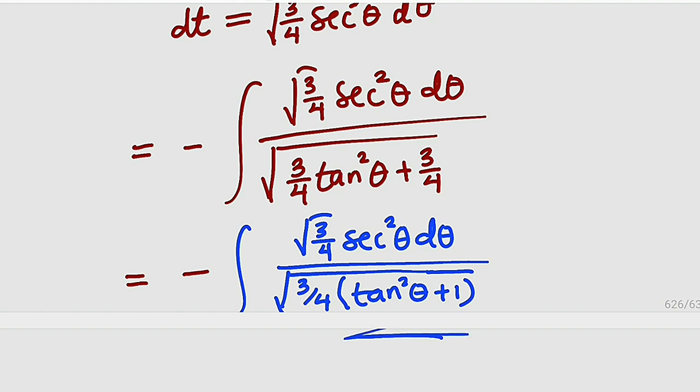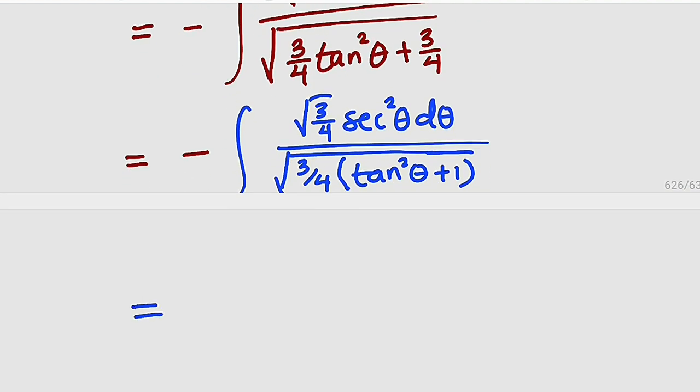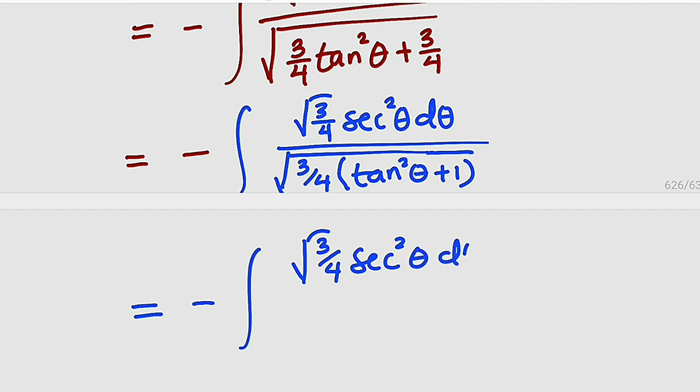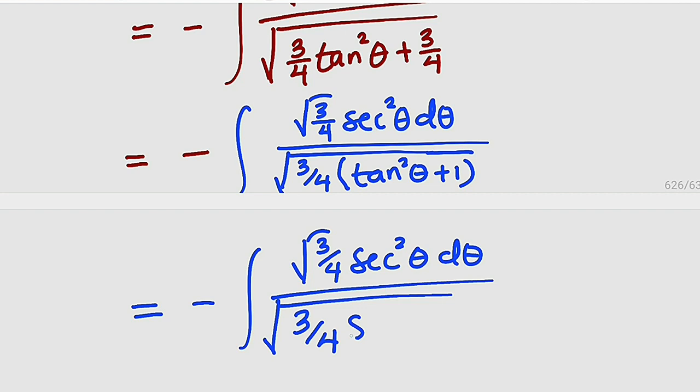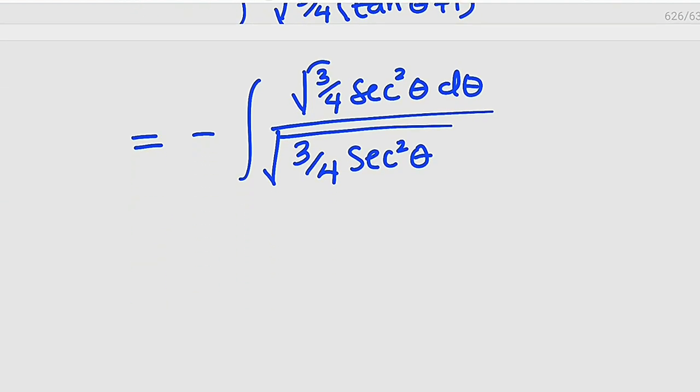So let us replace this one with secant squared theta. So we have this to be equal to negative the integral of the square root of 3 divided by 4 secant squared theta d theta. We divided by square root of 3 divided by 4 multiplied by secant squared theta, because I told you tan squared theta plus 1 is secant squared theta.